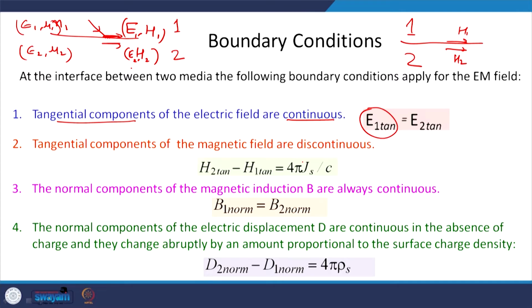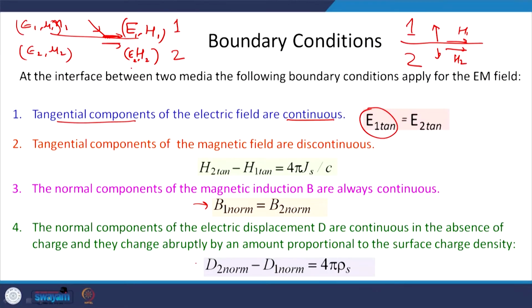The normal component of the magnetic induction B is always continuous. What is the normal component? The normal component is the component which is normal to this interface. Tangential components are the components of the electric and magnetic field which are along the interface. Normal components are the components which are normal to the interface, and they are continuous here.